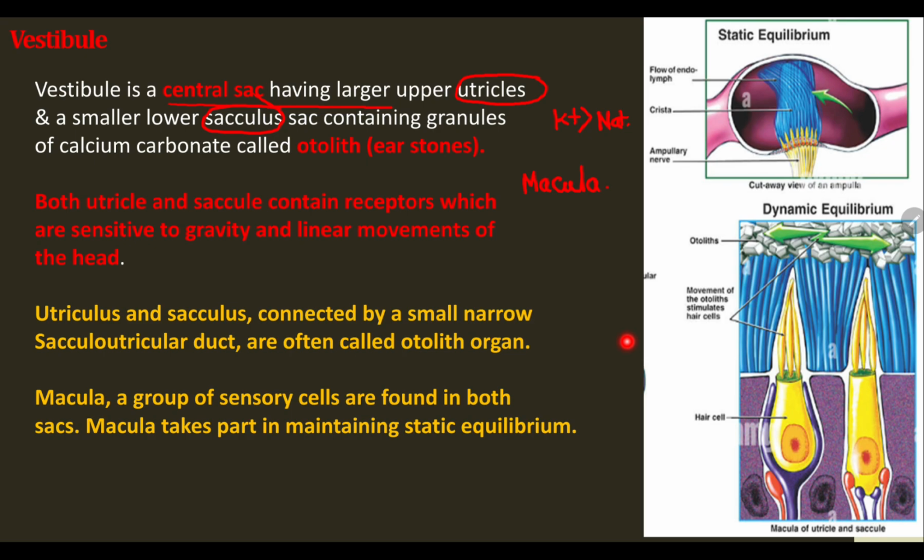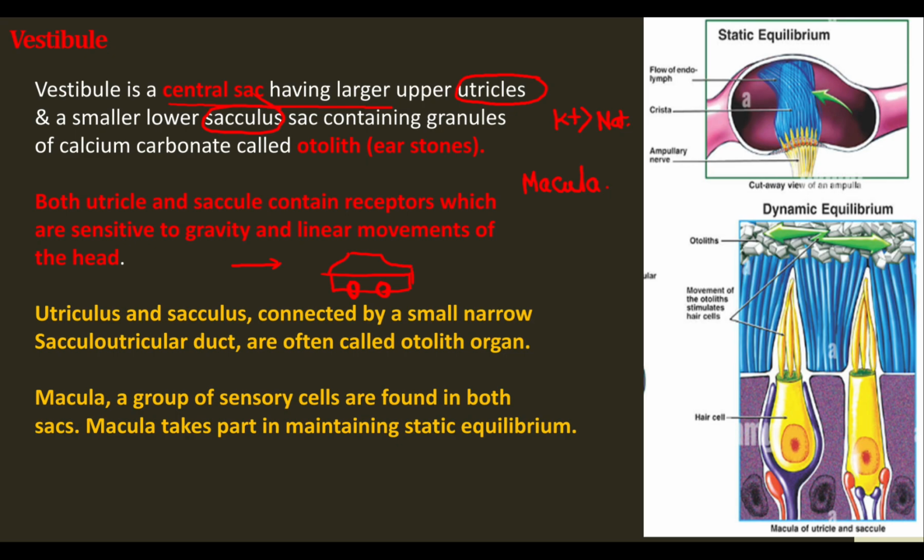Utricle is for horizontal acceleration, when you are moving horizontally, like you are moving in your car. Suppose you are moving in your car, so you are going through horizontal acceleration, that will be detected by utricle.